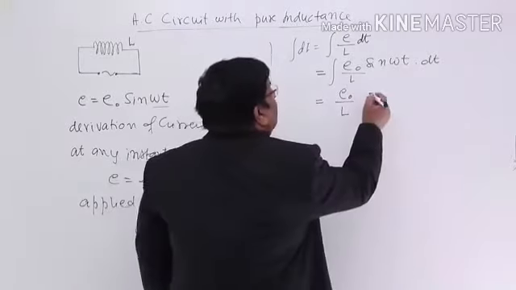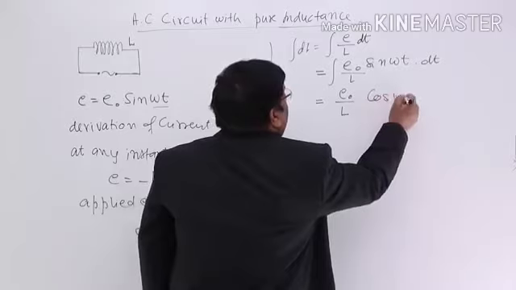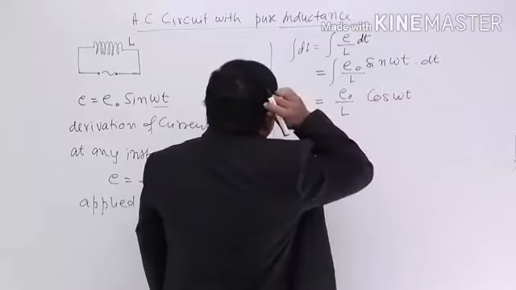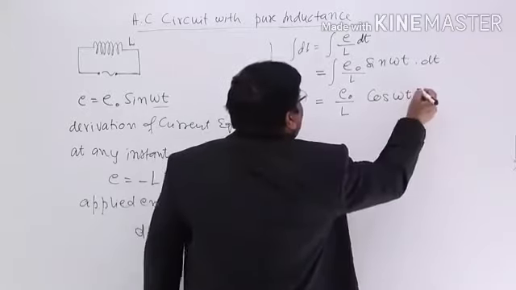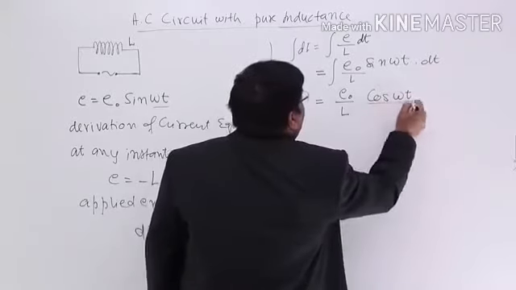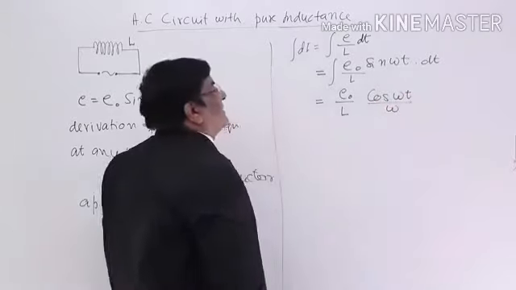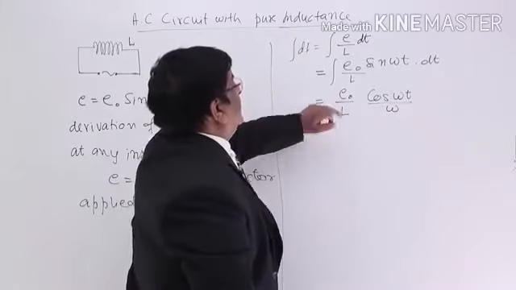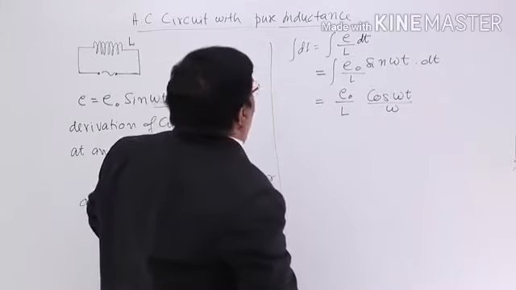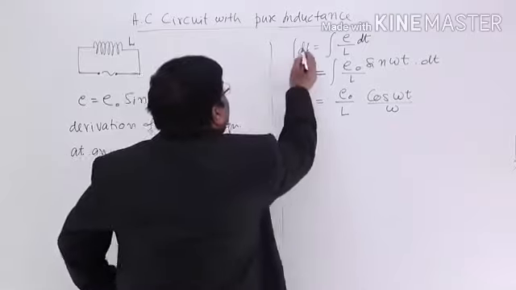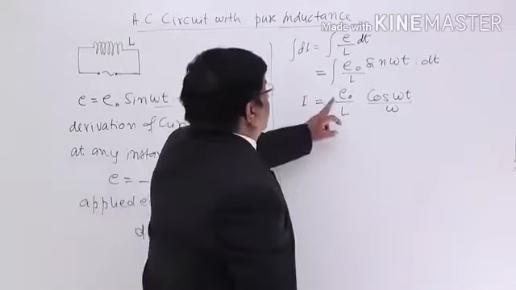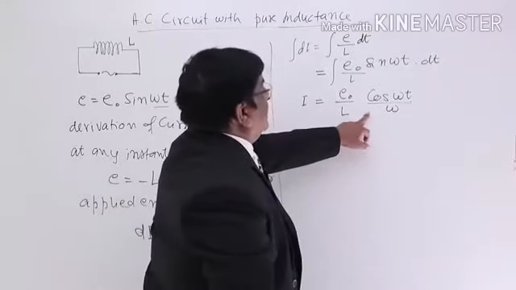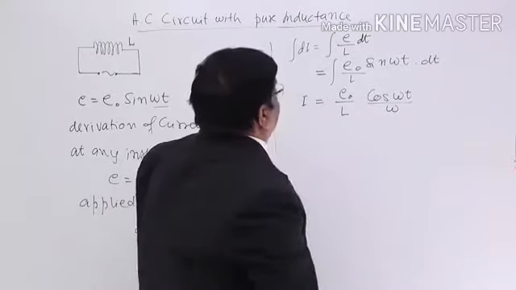So this will be cos omega t divided by omega. Now the integration of di is I. So I is equal to E naught upon L omega cos omega t.